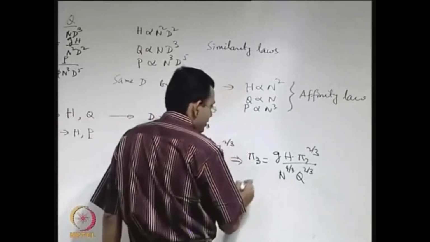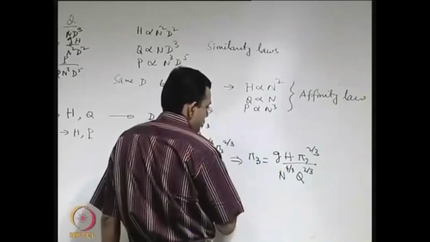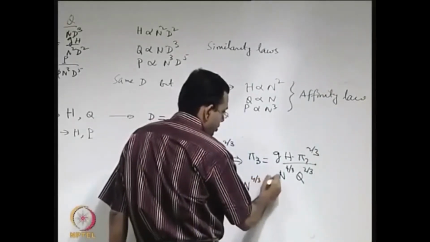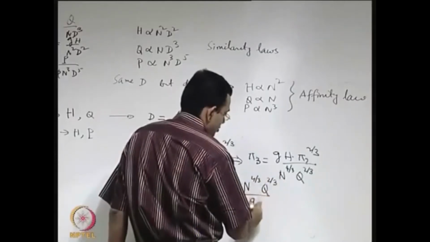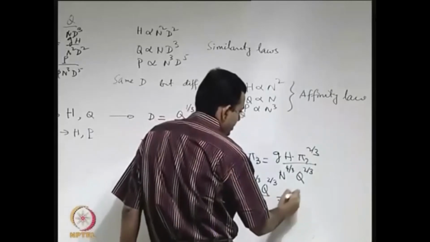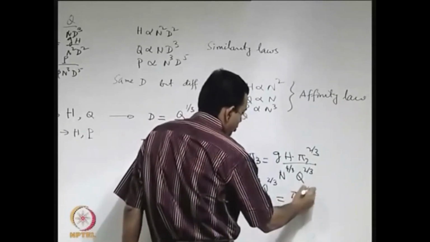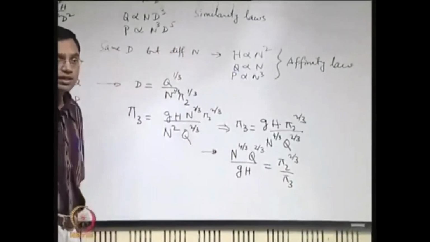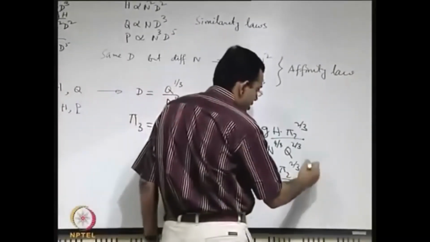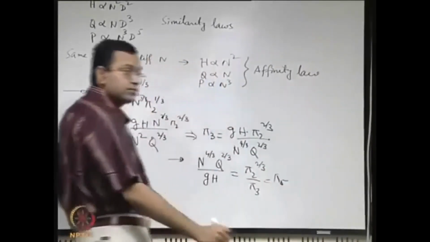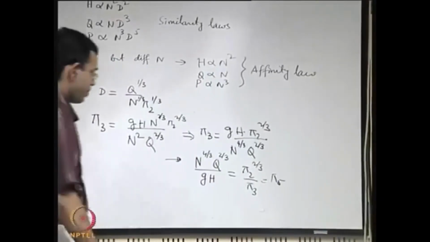So you can write N to the power 4/3 into Q to the power 2/3 by GH as pi 2 to the power 2/3 by pi 3. This is a non-dimensional number; let us give it a name, say pi 5. This is a combination of non-dimensional numbers, so it has to be a non-dimensional number.